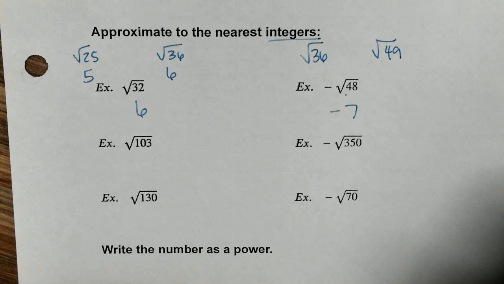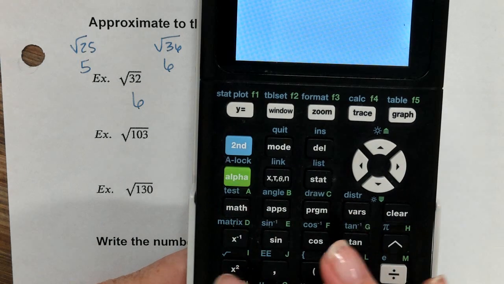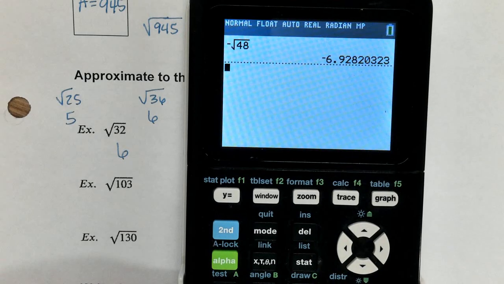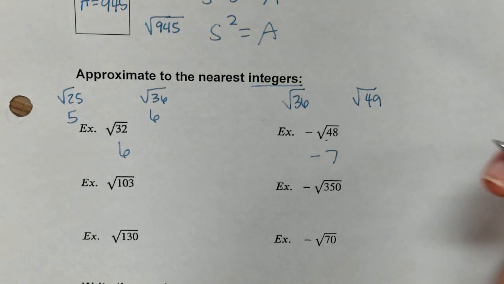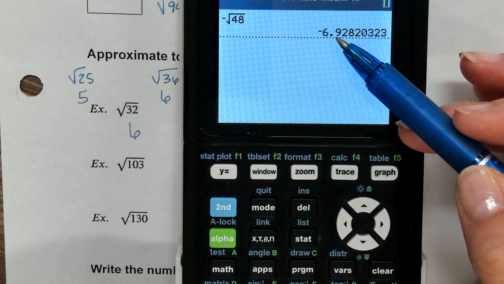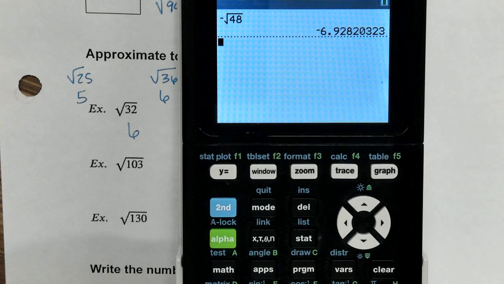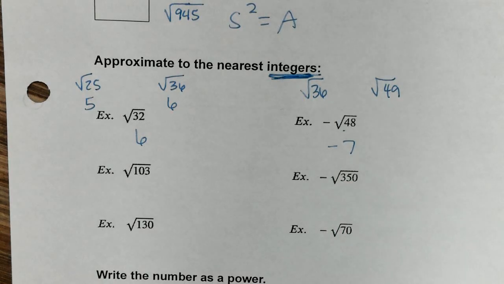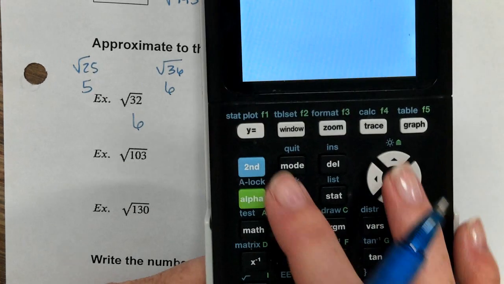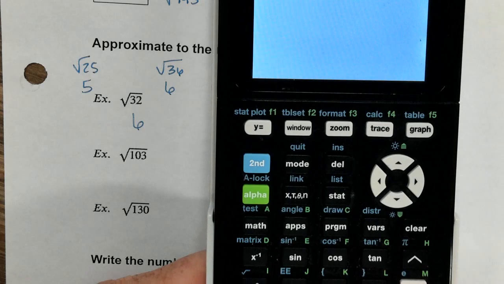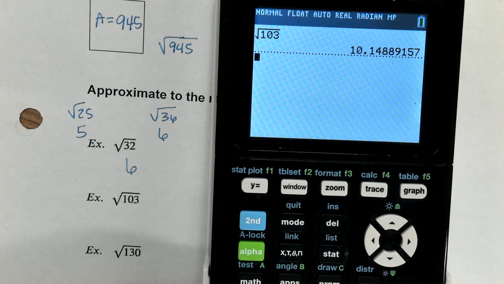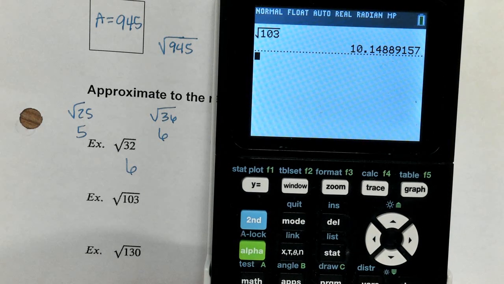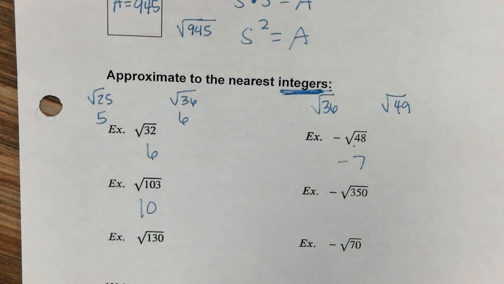Now, you could have literally just put it in your calculator and say, hey, what's the negative square root of 48? And you would say, okay, my answer is negative 7 because we're approximating to the nearest. Make sense? All right, just put the rest in your calculator. The square root of 103. What's it closer to, 10 or 11? 10.